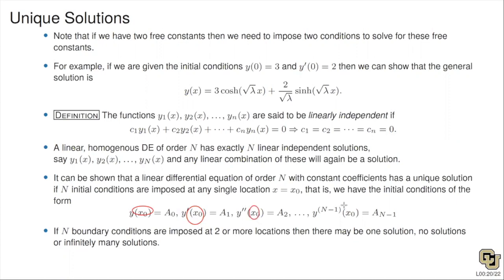That's one location. Suppose we also have information at another point x sub 1. That's what I mean by two or more spatial locations. Then, depending on the situation, you could have no solution or one solution or infinitely many solutions. It just depends on how all the boundary conditions fit with the solution.